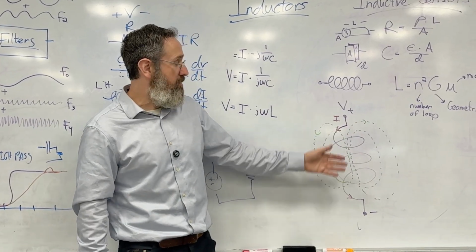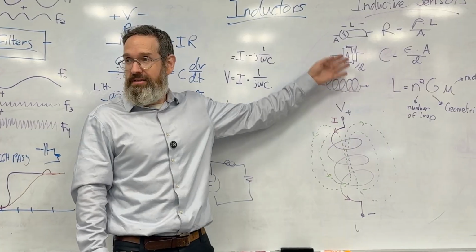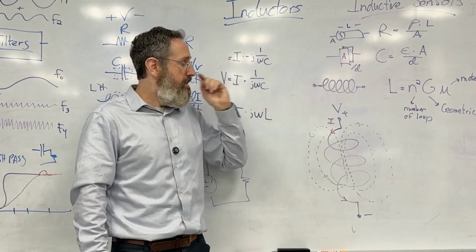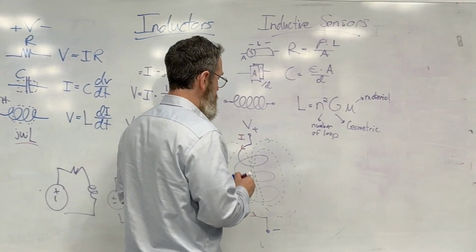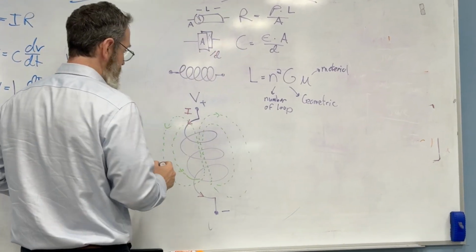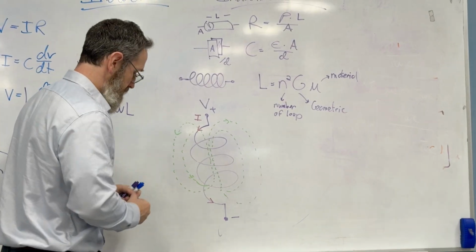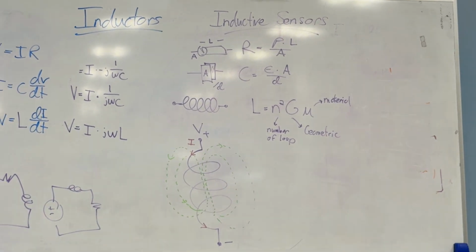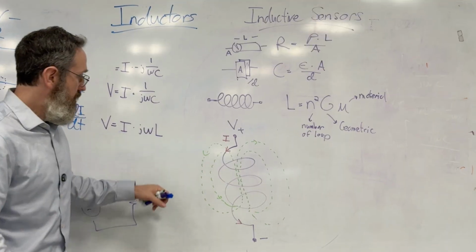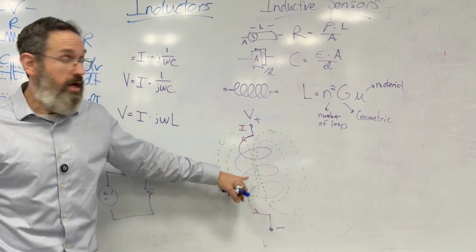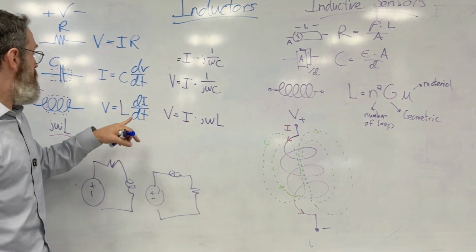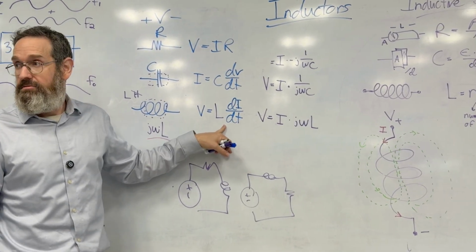And the reason why I'm talking about this in detail is that we didn't get into this with capacitors, because this is what can happen. The question is, what is the relationship between the current that's flowing through here and the resulting voltage? It's this.